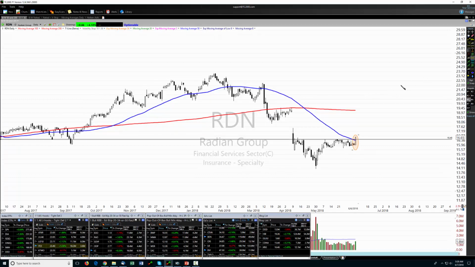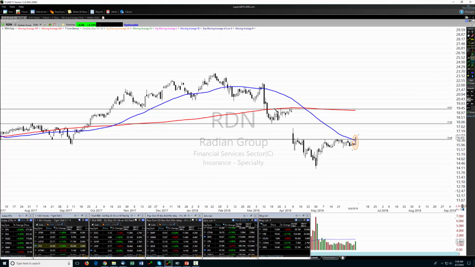Our next area of resistance is probably, let's call it right there, off of these highs, that low, and we have another one up in this area off of these highs, these lows there. We might stick one more on there for the heck of it.